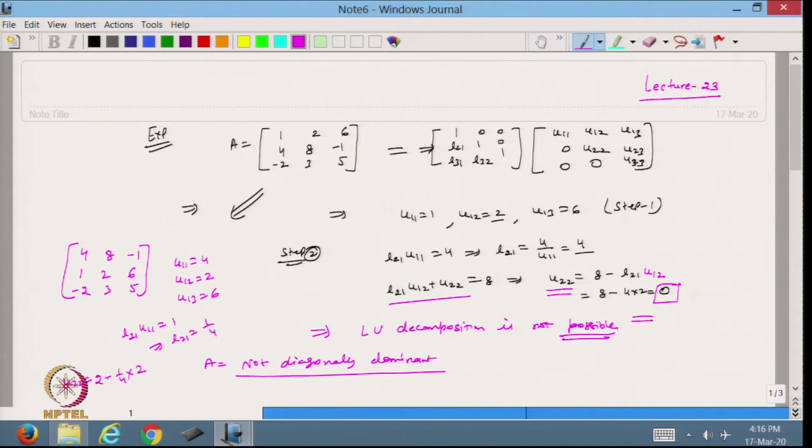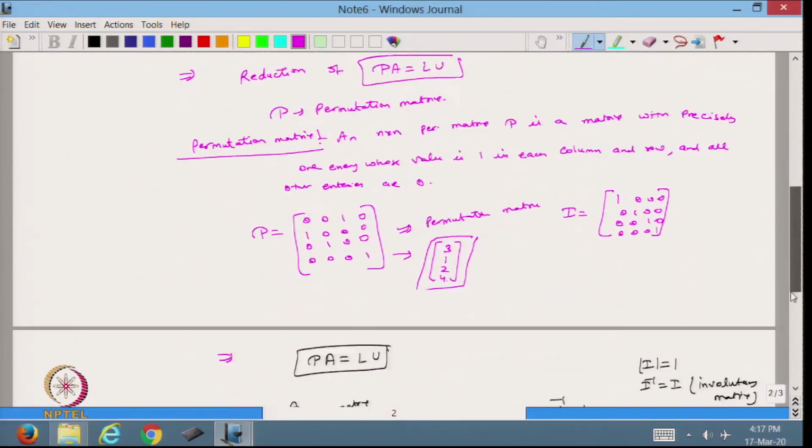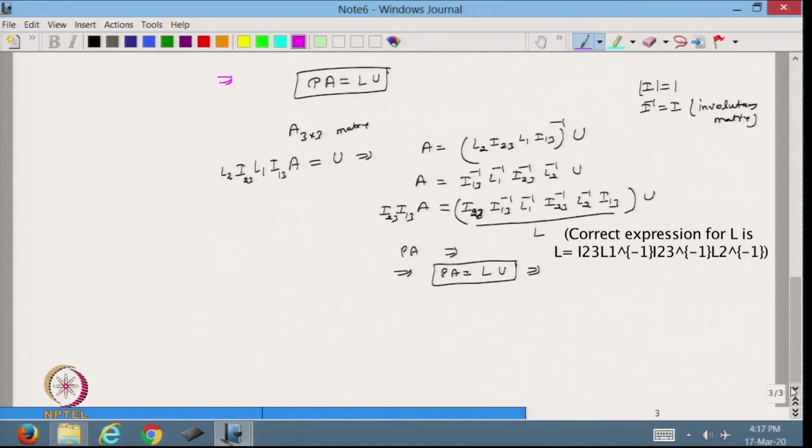So, 2 minus 1 by 4 into U12, 2. So, that will be 2 minus half. So, it is 3 by 2. So, now it is becoming non-zero. So, if I do this one, then you will get Kraut's method for this one. So, now after doing this, we will make the Matlab code later on for Kraut's method, for PA, LU decomposition.